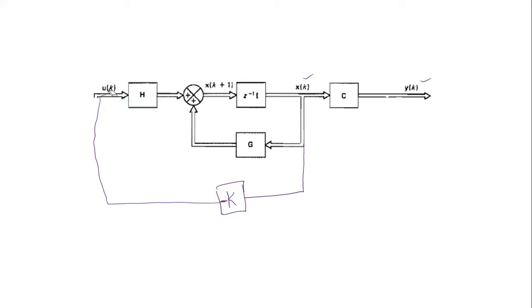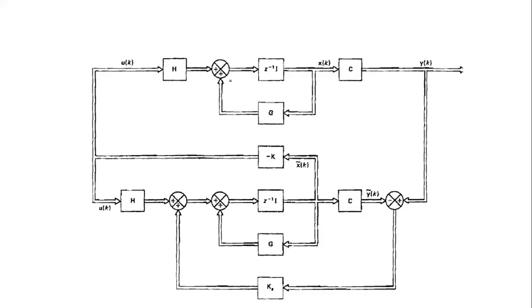So in this setup, if for example x of k is not directly measurable, what will you do? In such a case, you need to estimate the state x of k. Only then can you provide a state feedback for pole placement. So for that, we have our input and the output.